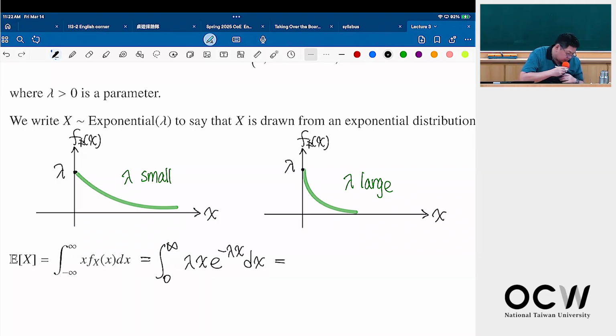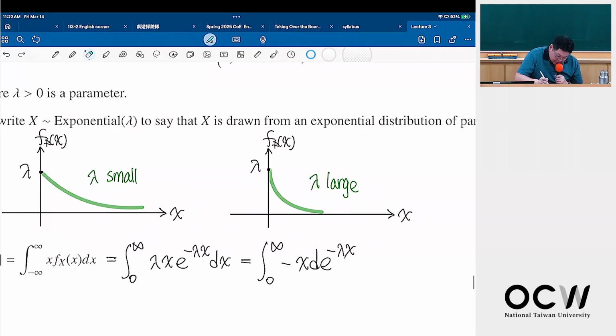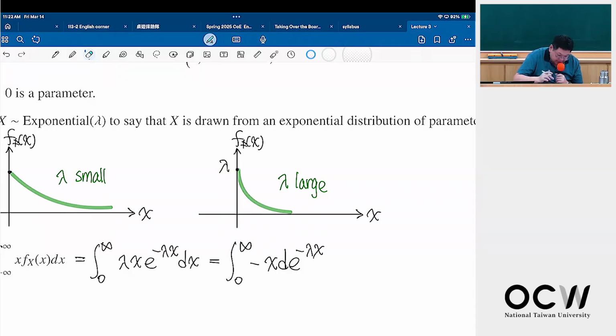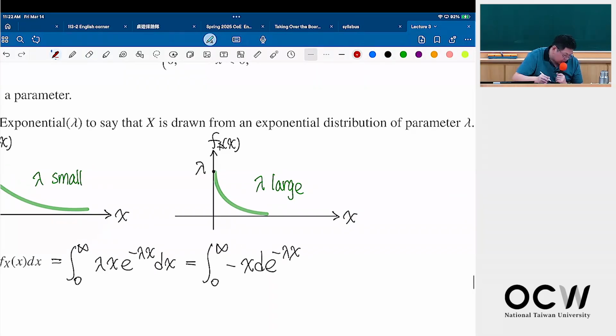Then this is equal to the integral from 0 to infinity of minus x d(e to the minus lambda x). Let's do the integration by parts.